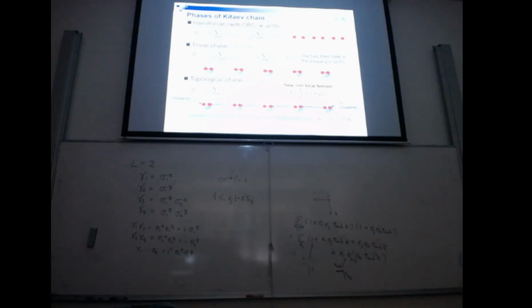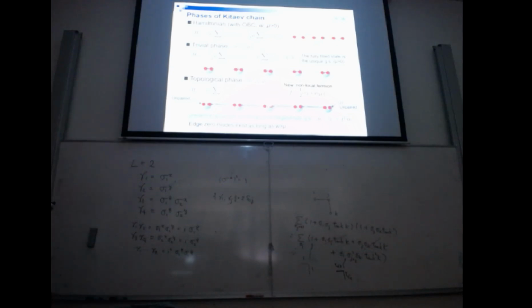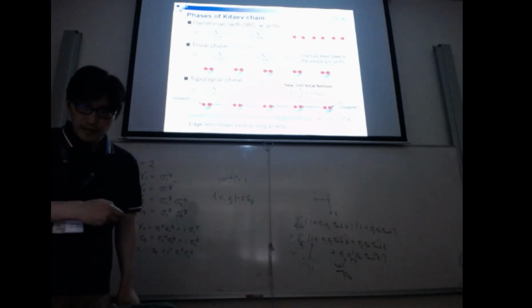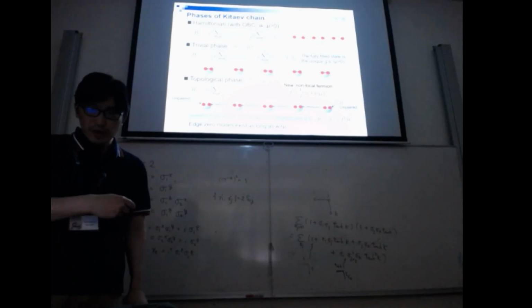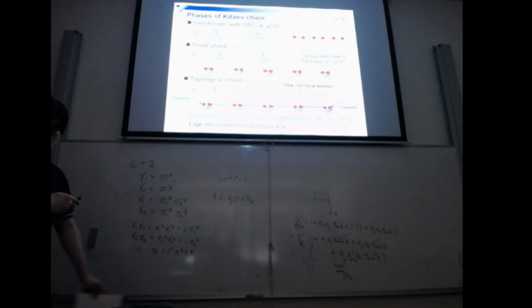In other words, if this 0 ket is a ground state of the model, then this 1 ket, which is f dagger 0, is another ground state. And this kind of local mode exists as long as W is larger than mu. And this is a real space picture of the two phases, trivial and topological phases. And in the topological phase, you have this non-local edge mode.